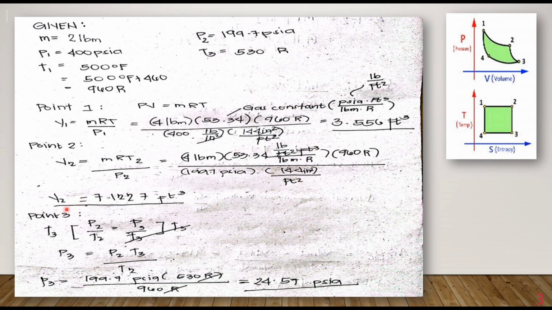So we get V2 is equal to 7.1227 cubic feet.